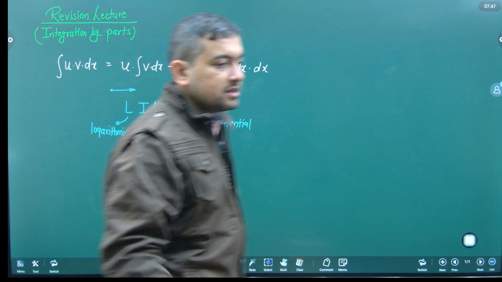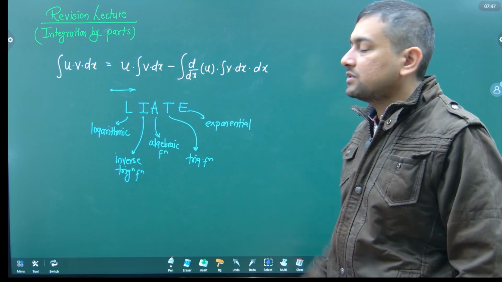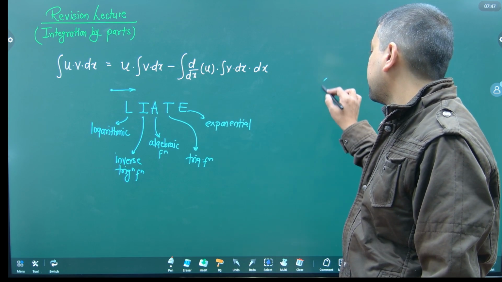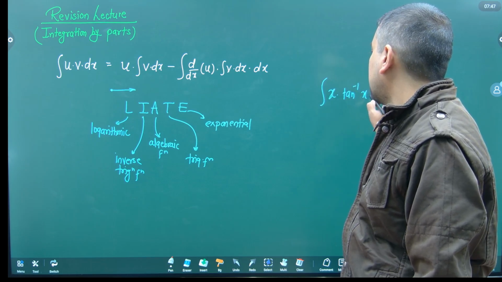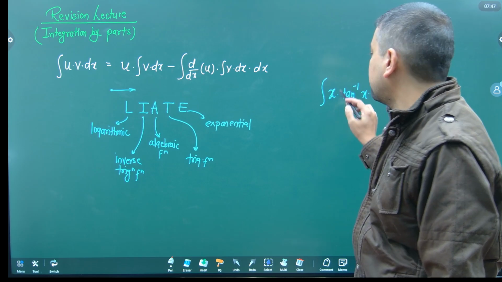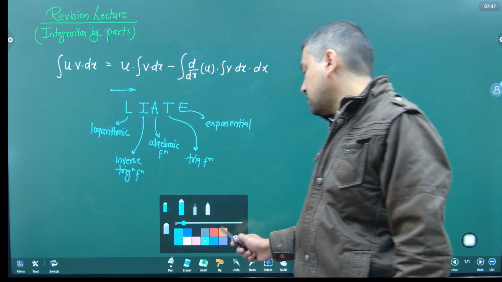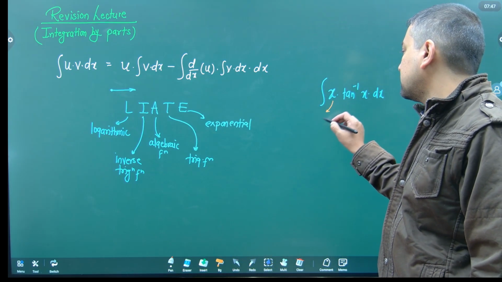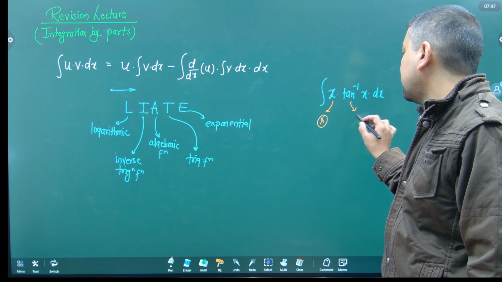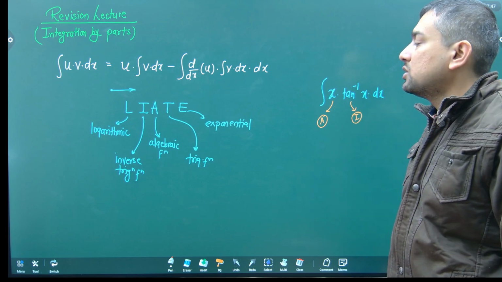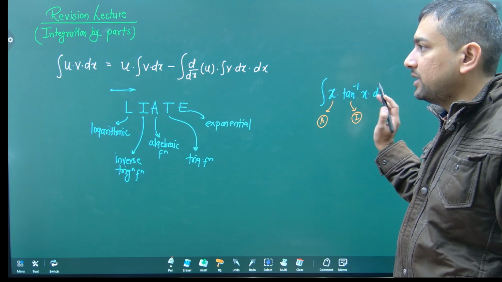So from the left hand side, whichever function comes first, that will be your u and the next function will be v. For example, integral x into tan inverse x. Now here are two functions, one is x, that is an algebraic function. Then tan inverse x is an inverse trigonometric function. So which function is to be considered as u and which as v?